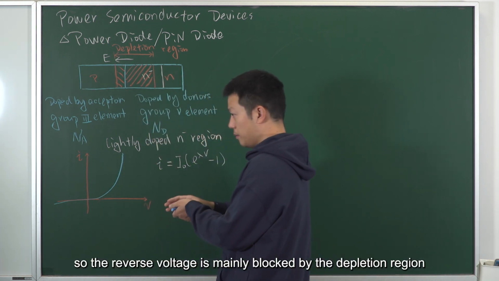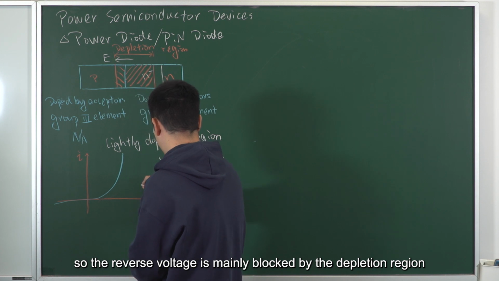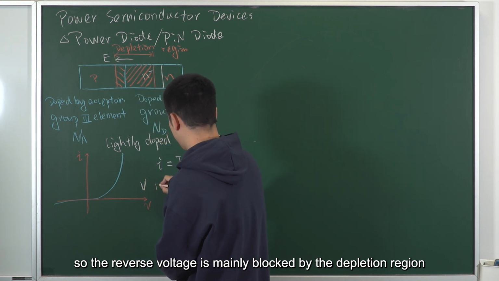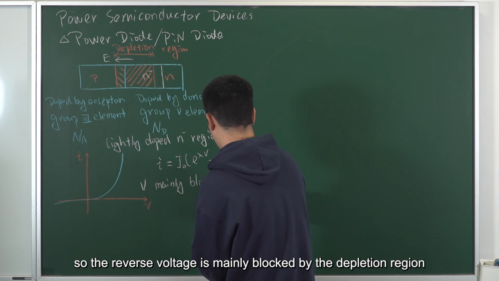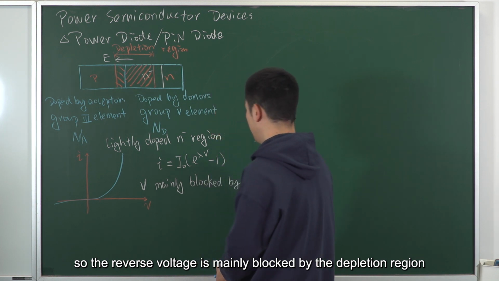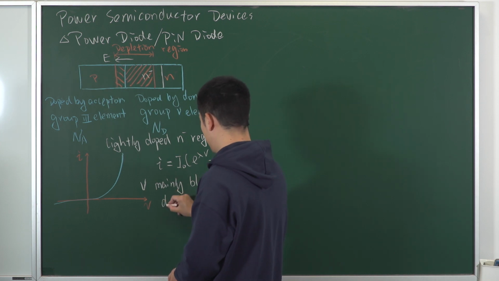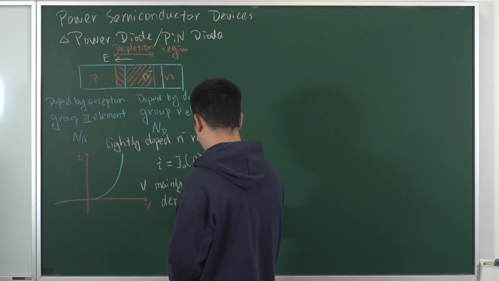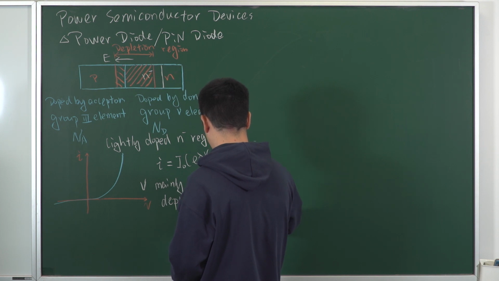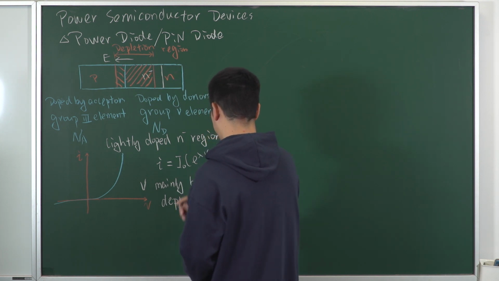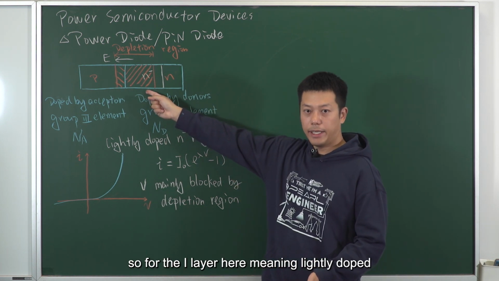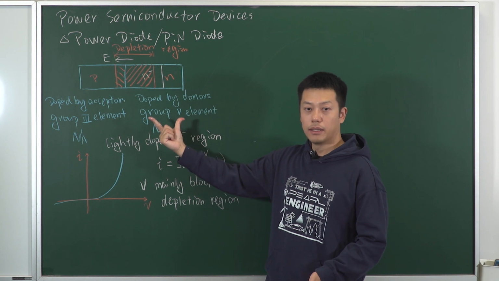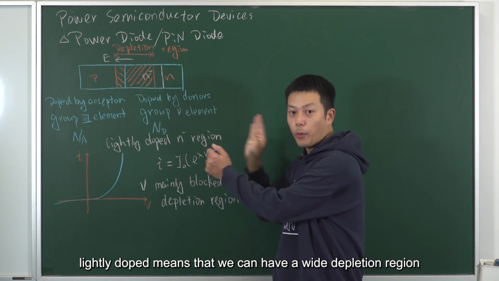So the reverse voltage is mainly blocked by the depletion region. For the I layer here, meaning lightly doped, lightly doped means that we can have a wide depletion region.